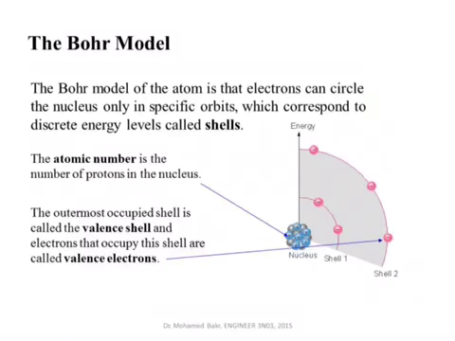We call the electrons in the outermost orbit or outermost shell the valence electrons. In some materials these are free for conduction. They can leave the atom, and then we can use them to create current. In that case, they become conduction electrons. So just remember that the outermost orbit or outermost shell, we call it the valence shell, and the electrons in this shell are called the valence electrons.